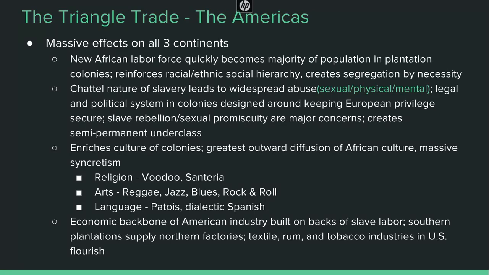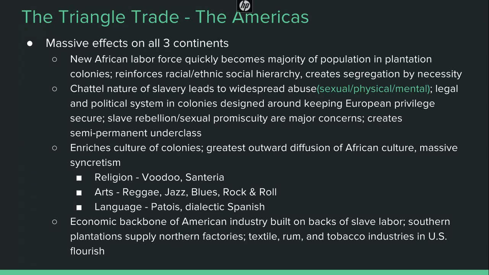This has cultural impact, this has social impact, this has economic impact. This runs the gamut of all the SPICE themes. So we're going to take a look at each of the three continents separately and talk about both the positive and the negative impacts and effects on each place. And we're going to start with the Americas.